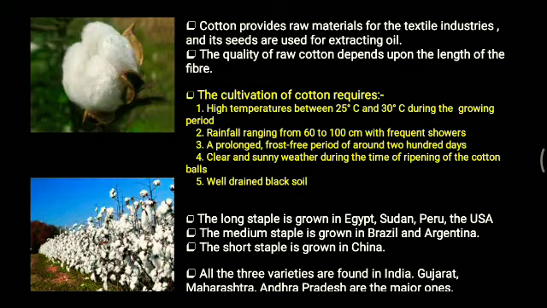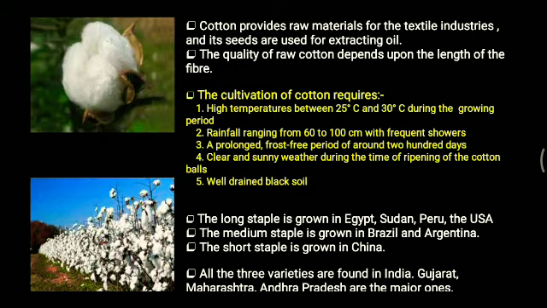Now, the cultivation of cotton requires the following. First, high temperatures between 25 degrees Celsius and 30 degrees Celsius during the growing period. Then rainfall ranging from 60 to 100 centimeters with frequent showers.